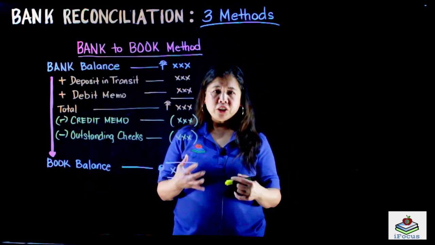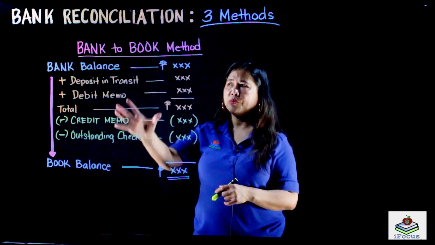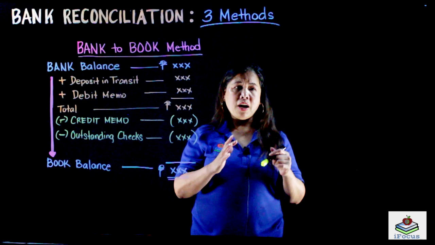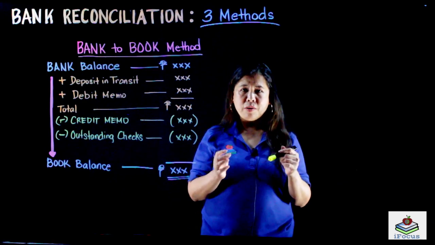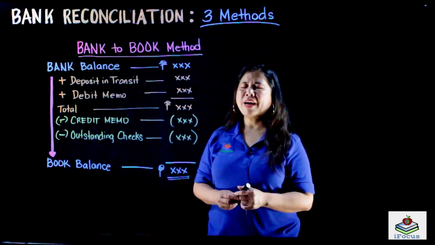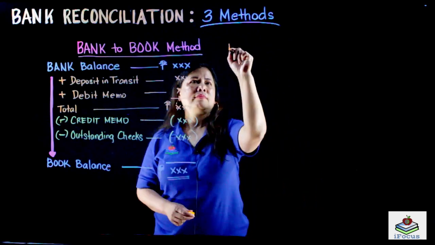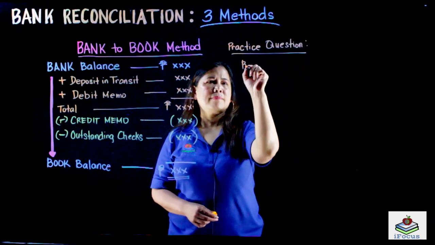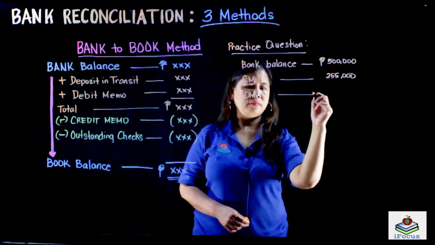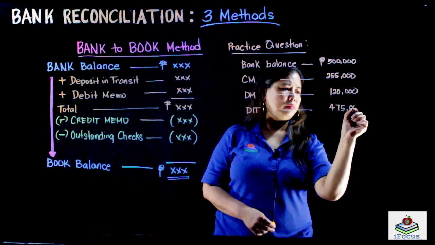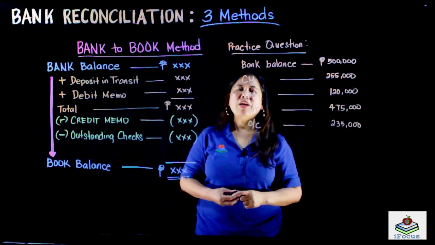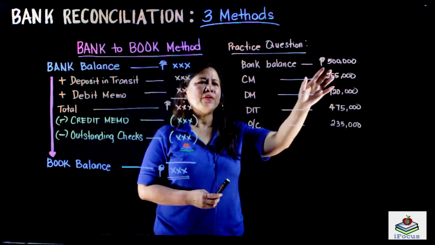Para ma-appreciate natin ang formula ng bank-to-book method, magbibigay ako ng mga informations or mga amounts. So, on this practice question, we have a bank balance of 500,000.